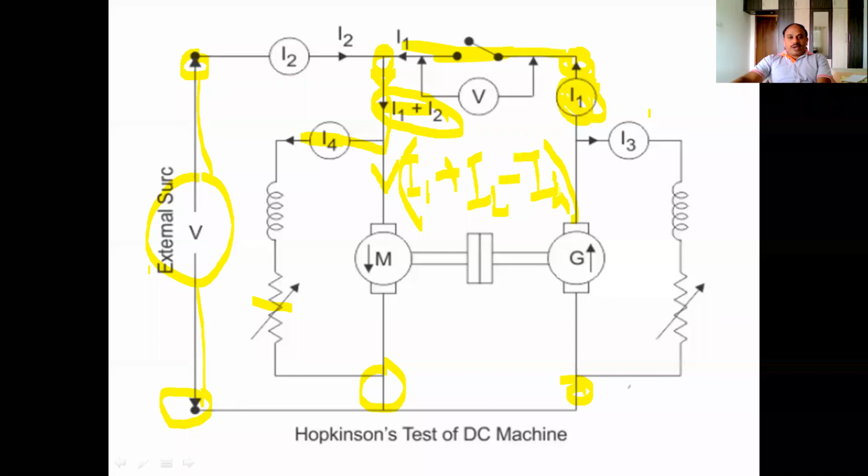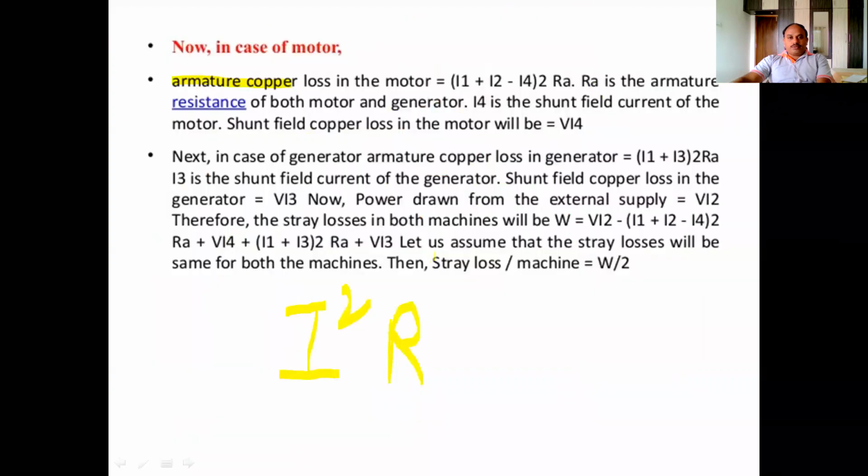So I1 plus I2 minus I4 is the armature current. Copper losses means I square into armature resistance: I1 plus I2 minus I4 whole square into RA, where RA is the armature resistance.